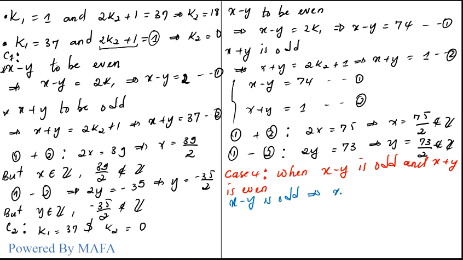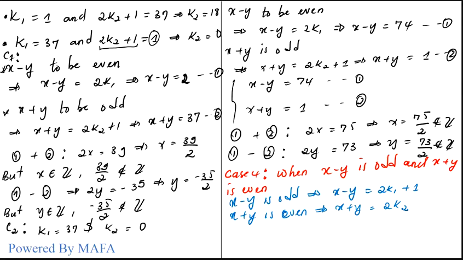It means that x minus y can be written as 2k1 plus 1. X plus y is even. It means that x plus y can be written as 2k2. I believe if you actually solve the same way, you're going to get the responses quite alright.